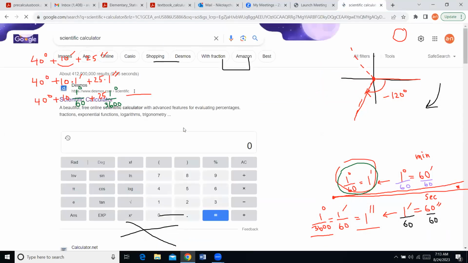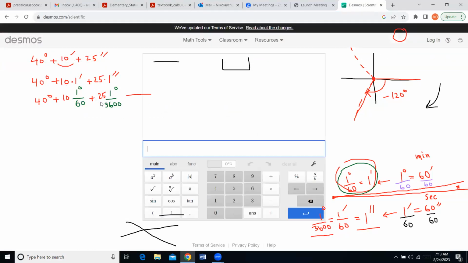So I just typed scientific calculator, and there is a choice number 1 for scientific calculator in Google. I know some people like to use other search engines, so this so-called Desmos calculator may not be choice number 1 if you're using something else, but in Google, it's the first choice.